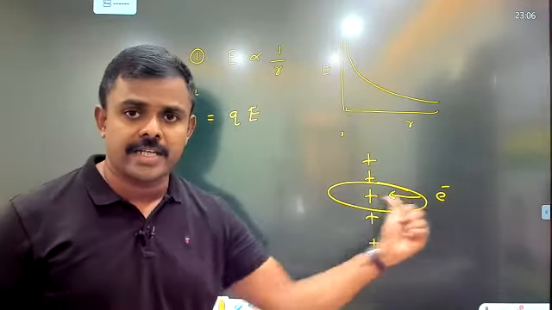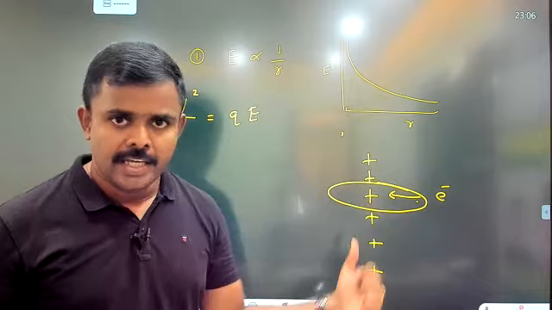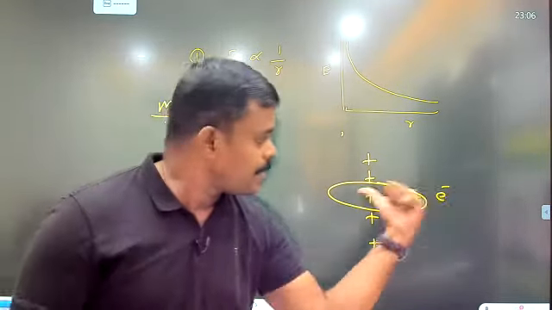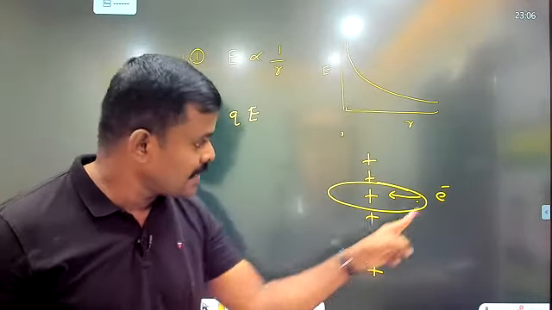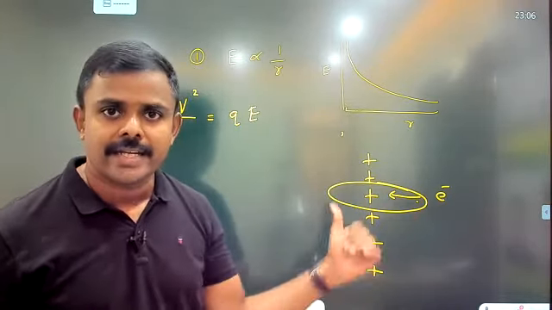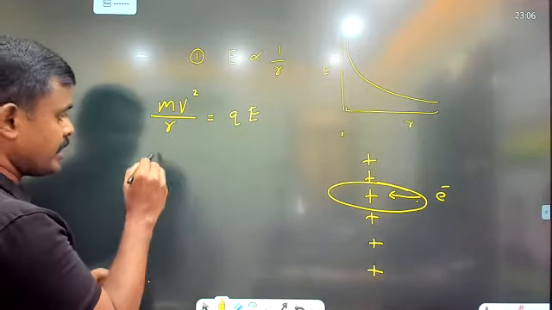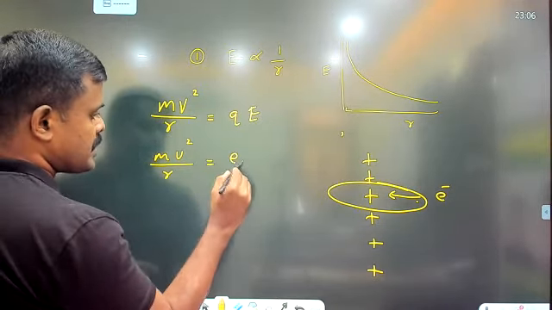Centripetal force is to the center. If there is a circular motion, there must be a centripetal force. That centripetal force is given by electric force, because this is plus and electron is minus. There is attraction. So centripetal force equals electric force, QE. So I can write mv square by r is equal to QE.